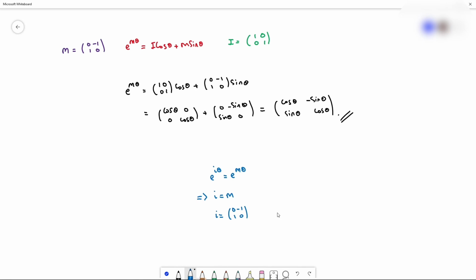For example, you can divide by I, you can divide any number by I in fact, but you can't divide by a matrix. You can only find the inverse of a matrix, which is kind of like division, but not really. But everything I can do, except division, the matrix M can do.